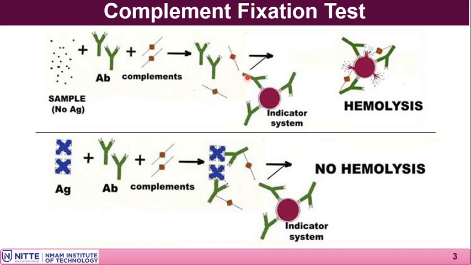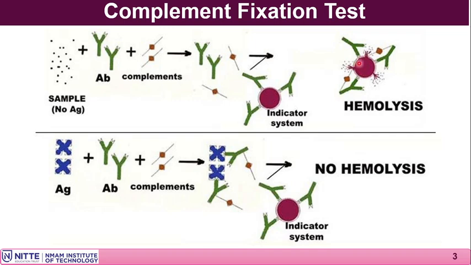It will immediately recognize this indicator complex. The indicator complex is now the sheep RBC readily bound by the antibody, which is nothing but an antigen-antibody complex. As I had mentioned earlier, the complements readily recognize the antigen-antibody complex and get attracted to the Fc arm of the antibody.